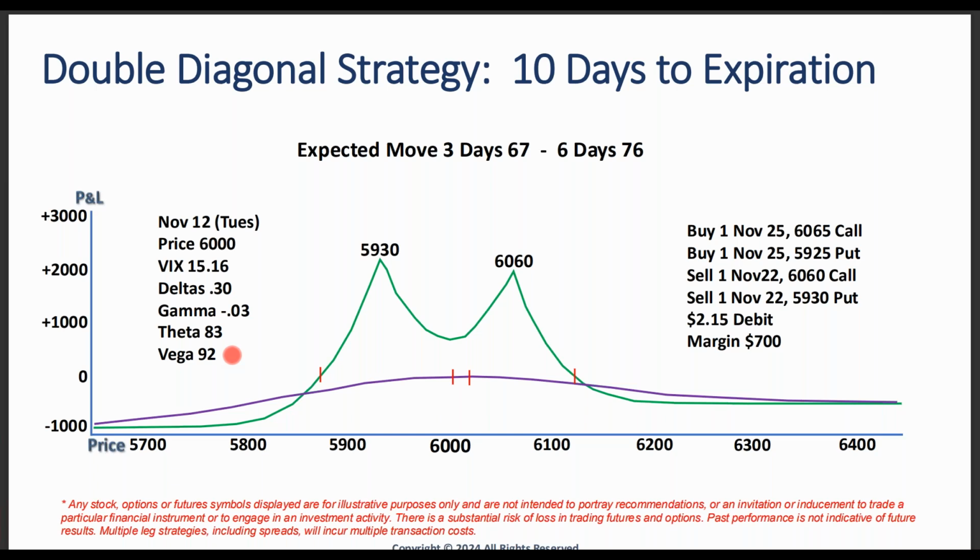If the option volatility of those 4 options went up a point each, I'd make 92. And the thinking behind that, Vega's a little tougher to understand, is all of these are mostly extrinsic value. Volatility is a measurement of the extrinsic value of an option. So if the volatility of each of those goes up a point, my longs, I'm buying more extrinsic value than I'm selling.